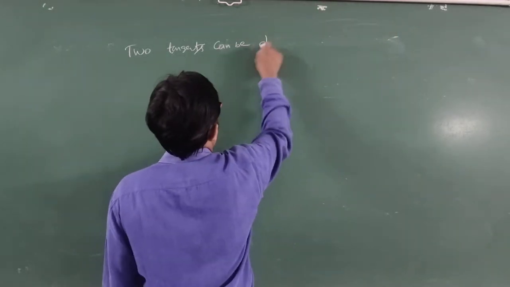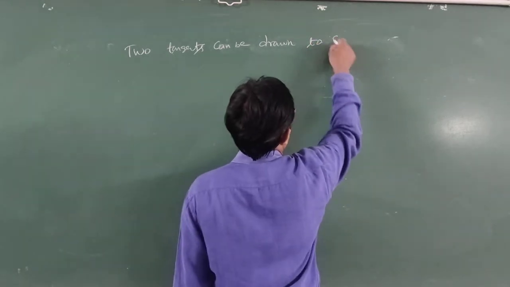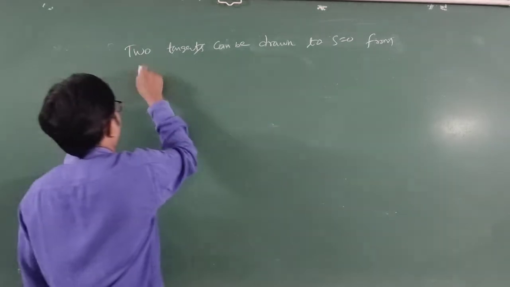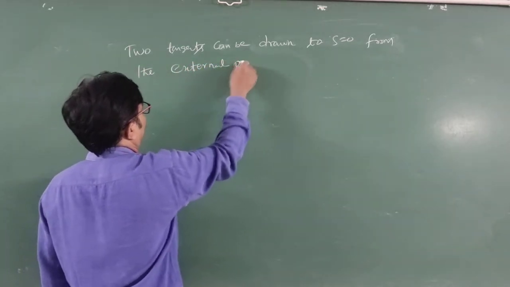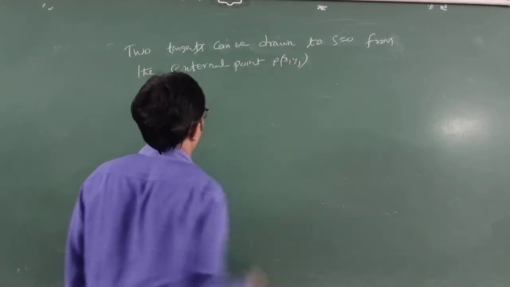Two tangents can be drawn to the ellipse S equal to 0 from the external point P(x1, y1).